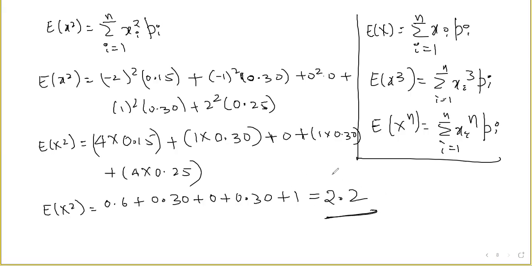So expected value of x square equals 2.2. Clear? I hope you are clear with all the examples.